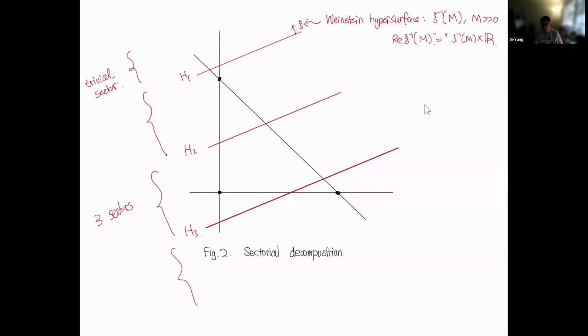Trivial means that it does not have any co-cores except those coming from the boundary. So how should we think about these three sectors?